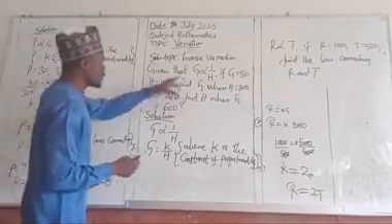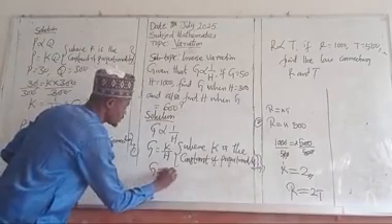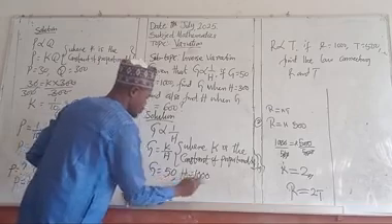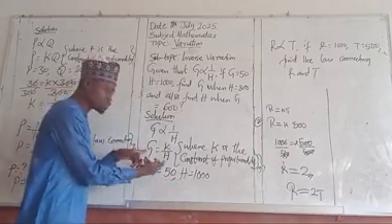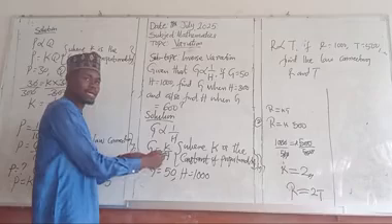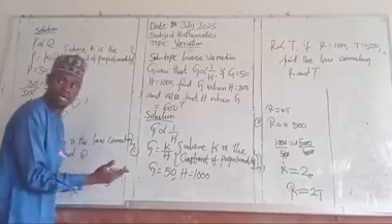Now, given that G is equal to 50, H is equal to 1000. We need two values to find K. We already have them. So we are going to use these two values to find K. What is our G? 50.